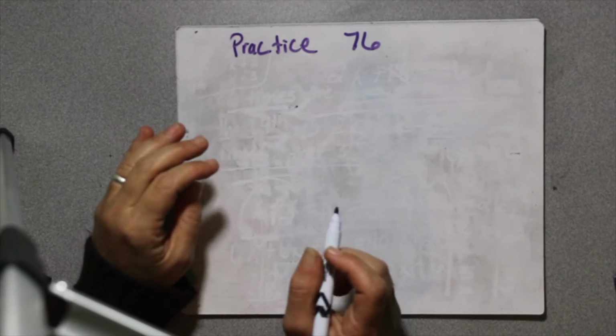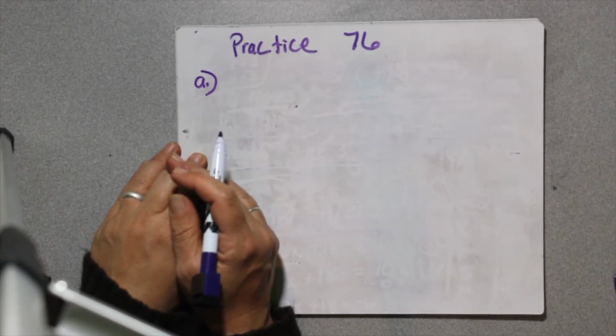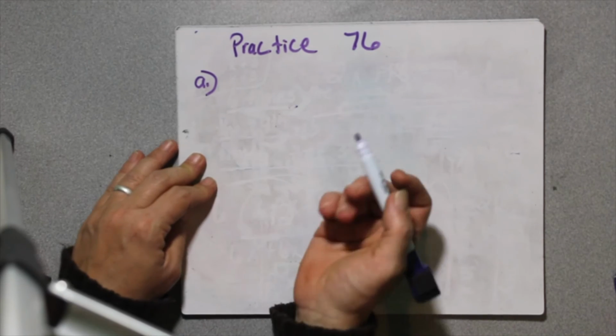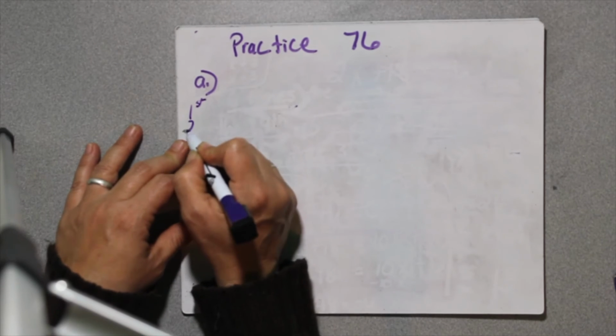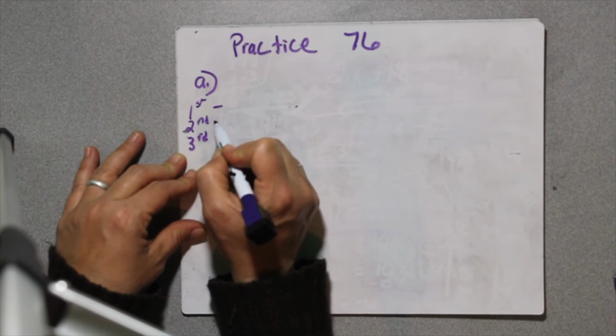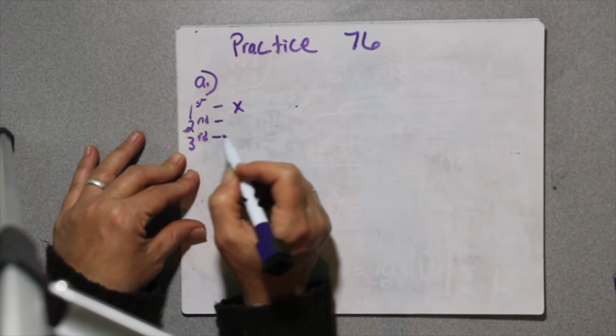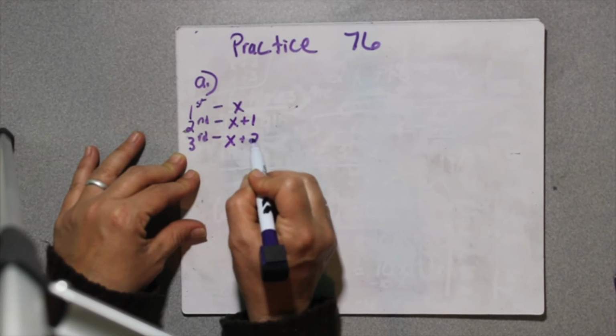Okay, so the first one, A, says, find 3 consecutive integers such that the sum of the first and the third is 142. All right, so 3 consecutive integers. We're going to have the first one, the second one, and the third one. And the first is going to be named x, the second is going to be x plus 1, and the third is going to be x plus 2.